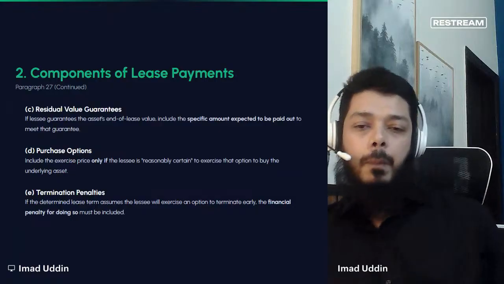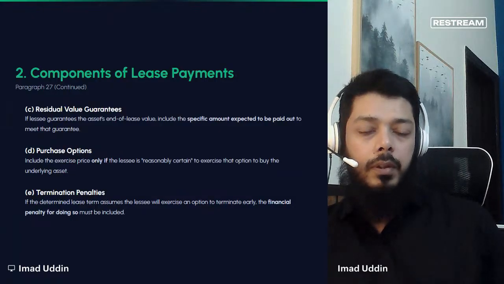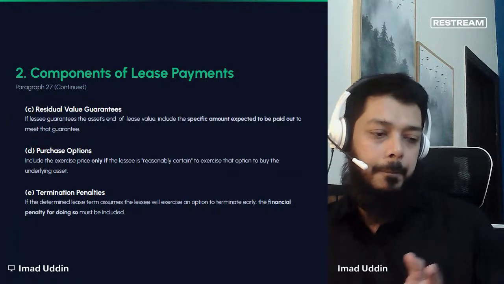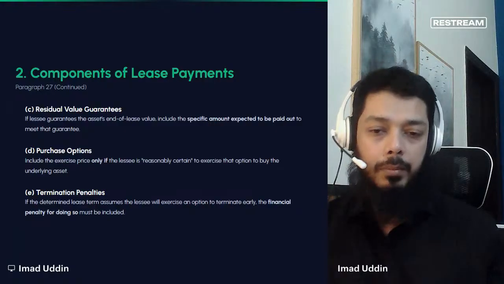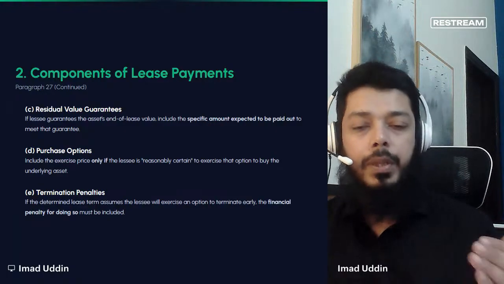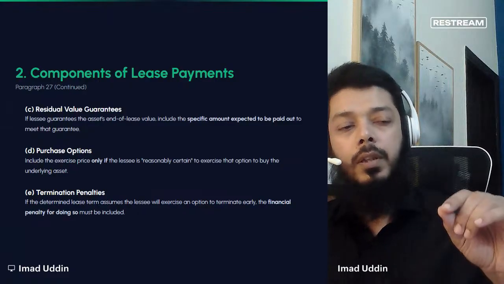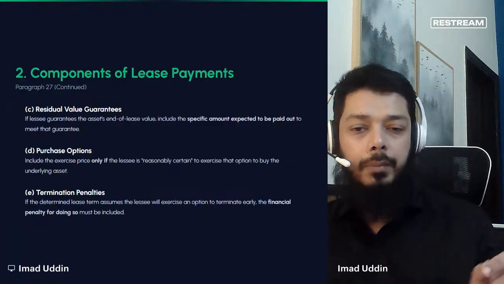What other components of lease payments do we have to include? First of all, we have talked about the fixed payments, we have talked about the variable payments, but there are also optional payments, which means they would be incurred only if a certain option is exercised, which are basically purchase options.